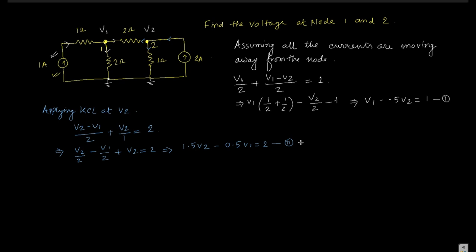Here V2 is half and this is V2, so 1.5 V2 minus 0.5 V1.